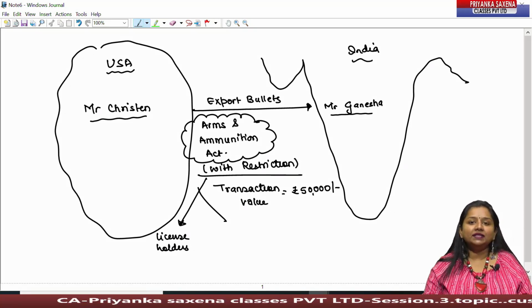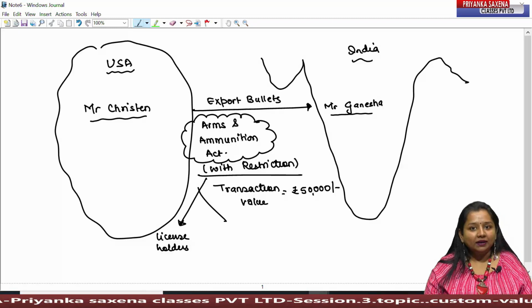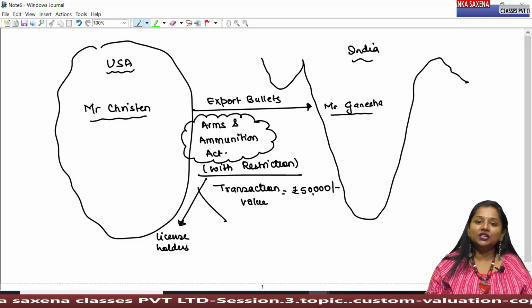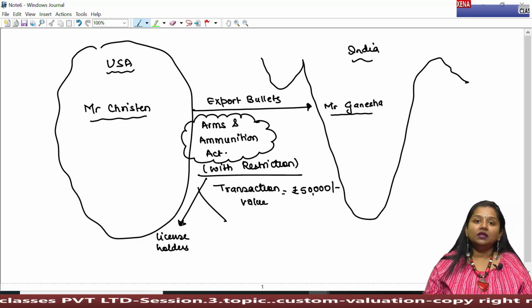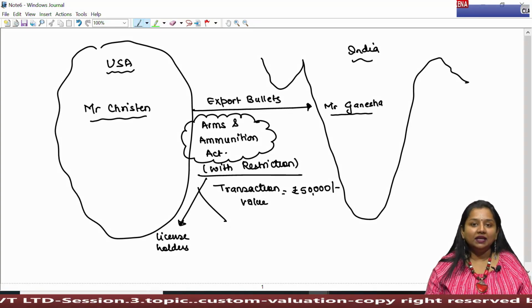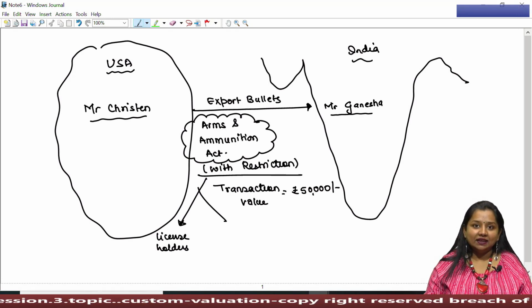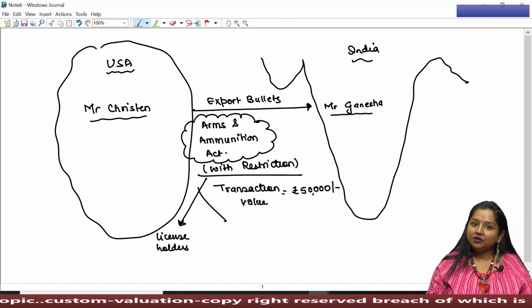And the government provides this license to only two kinds of people: either those who are already involved in the defense mechanism, such as army, navy, defense or police, or, two, the person wanting the license is a prominent, popular personality whose life can be at stake, for example politicians, celebrities, cricketers.